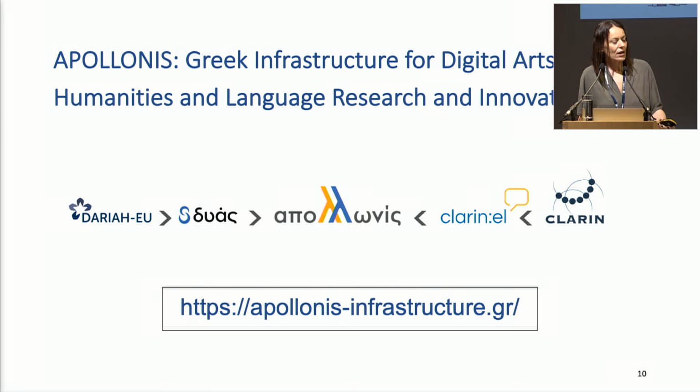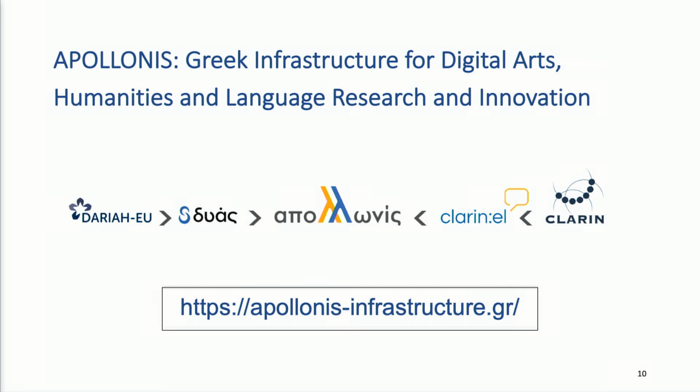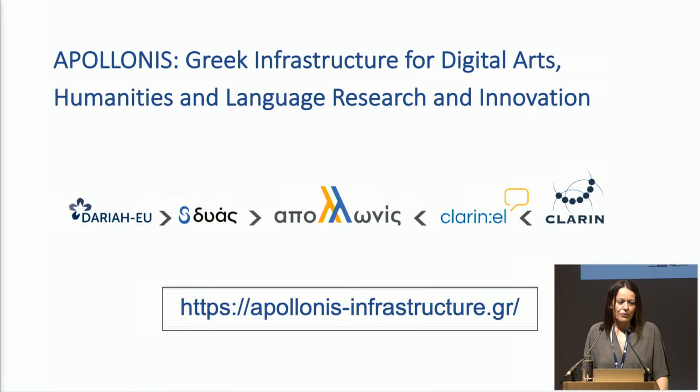And here we are now in a very recent project that we have just completed a few months ago, and it's called Apollonis, named after the daughter of the mythological god Apollo. Apollonis is the Greek infrastructure for digital arts, humanities, and language research and innovation, a very big initiative that was coordinated by the DCU in Athena Research Center, and is actually a superstructure, an umbrella research infrastructure that binds CLARIN and DARIAH.